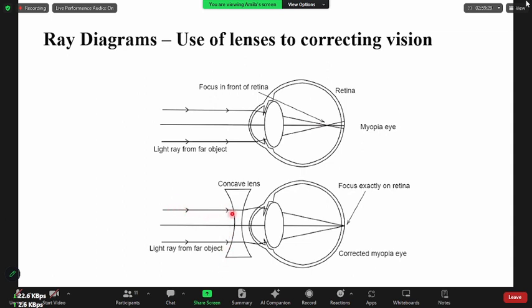Then the light will spread out a little and focus exactly on the retina, so the person can read or take the correct image. These are very familiar, day-to-day things. What you need to learn is the logic or science behind this. That is the importance of this course.